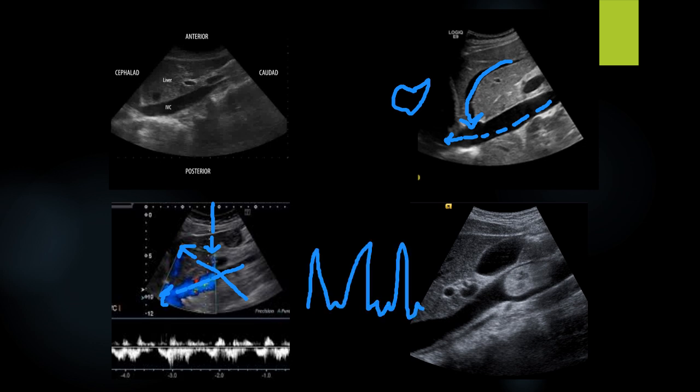Our veins don't do that because it's responding to very subtle pressure changes. So every time the patient is breathing or moving or talking, we're going to see that flow change a little bit. So that's why this waveform here does not look like a perfect, pretty pattern, right? It's not pulsatile. It's not this rhythmic thing that we're seeing.